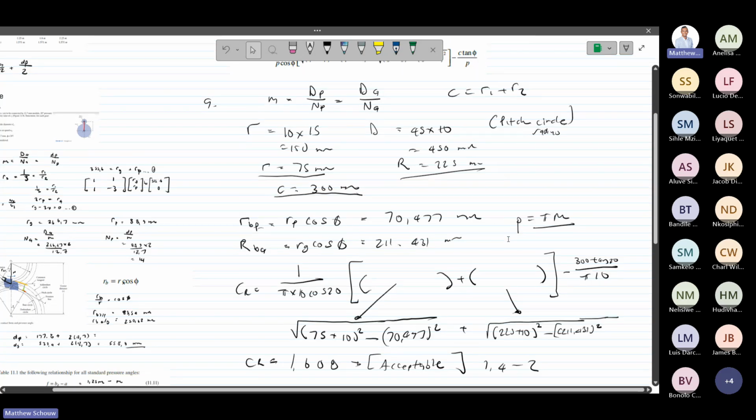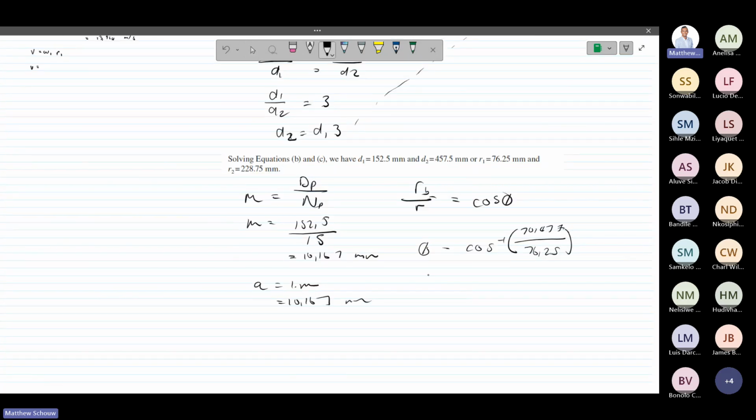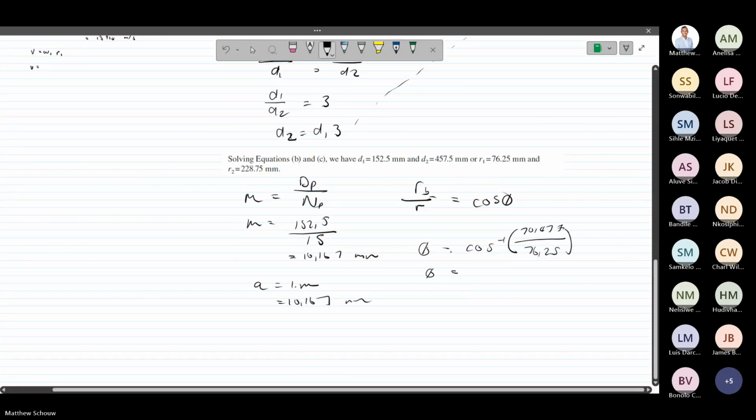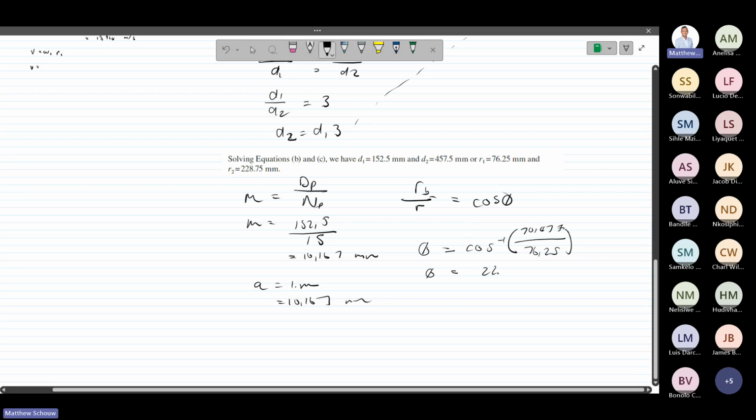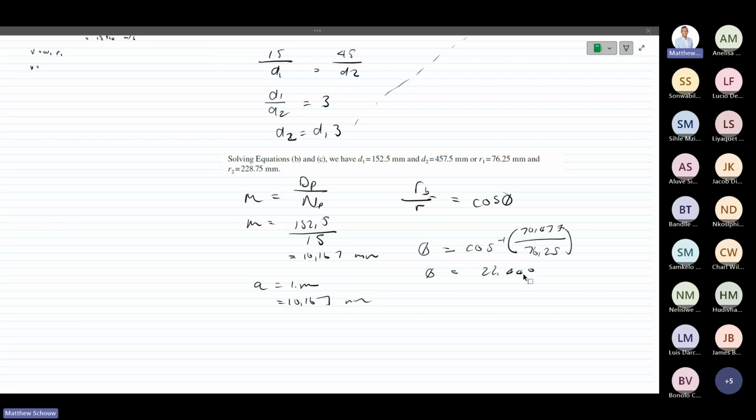Yeah, that's the one. So now we want to see what the pressure angle is. If you do that, you'll get an angle of 22.44 degrees. I'm just moving through it a bit quicker for you guys.